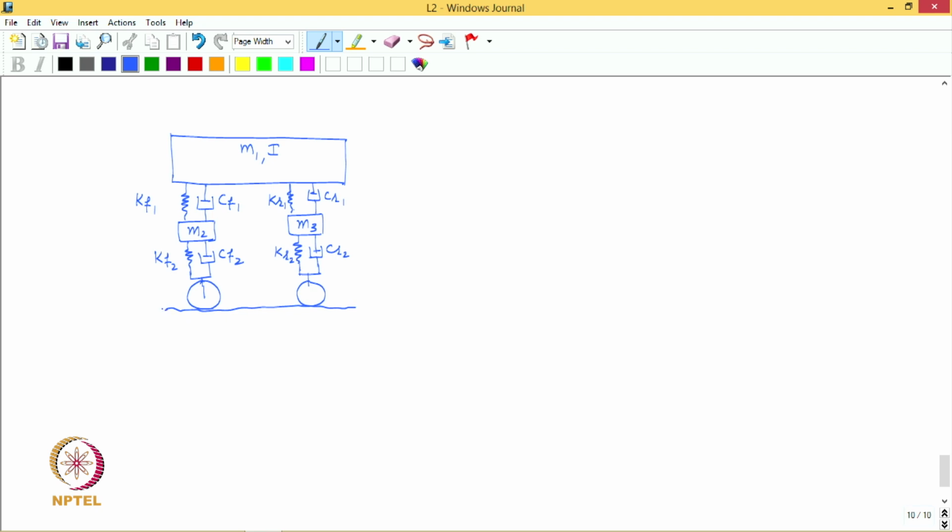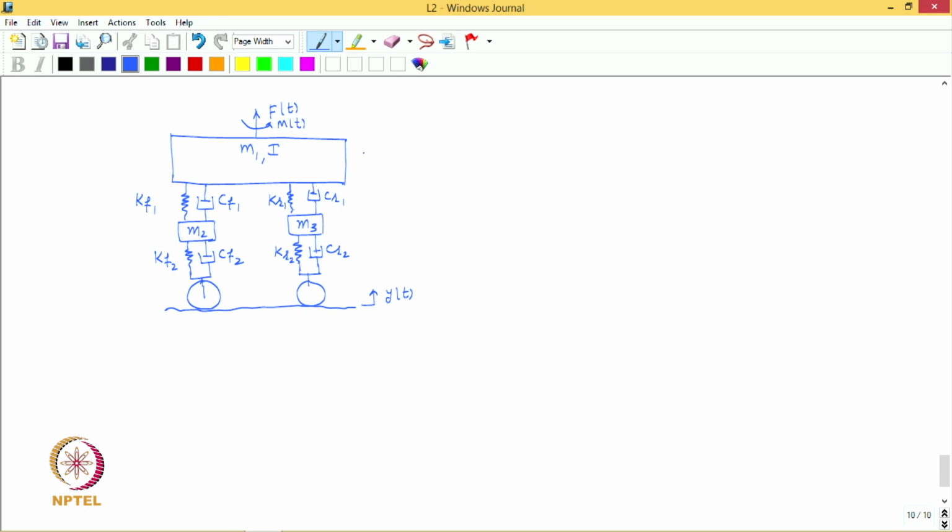So, in this case what we note, we have now excitation from the ground as before, and we have the engine forces, right, and if there are any torques or couples acting, that also can be accounted for.